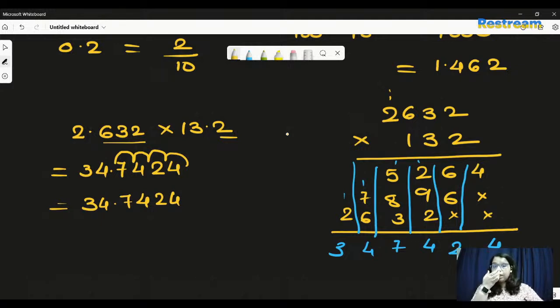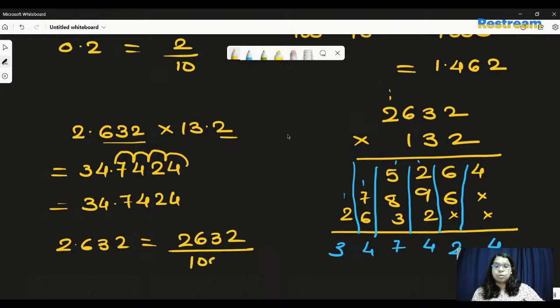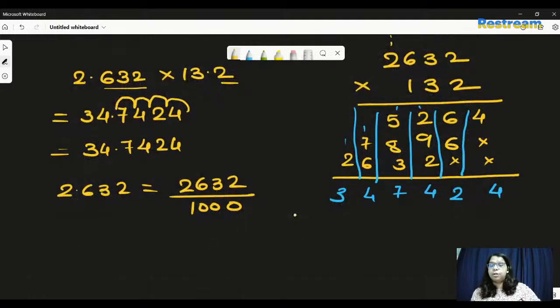You can do it the other way also that we had done before. So 2.632 can be written as 2632 divided by 1000. And 13.2 can be written as 132 over 10.